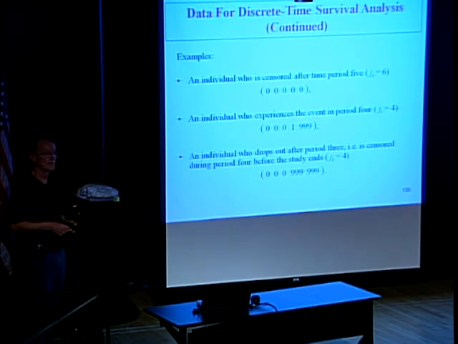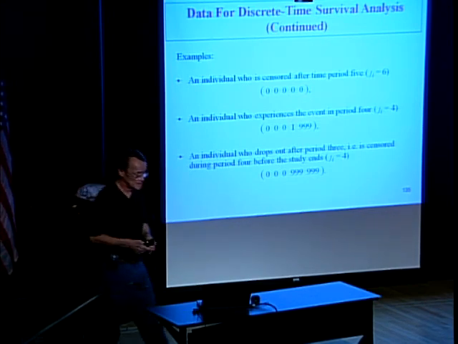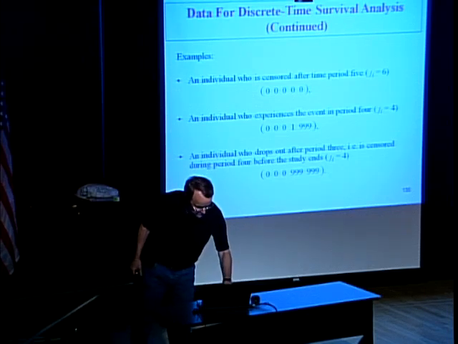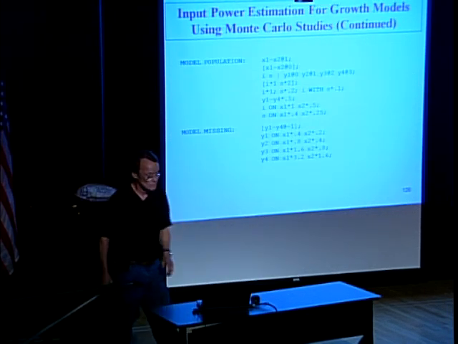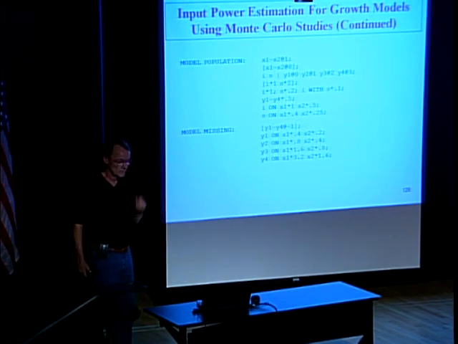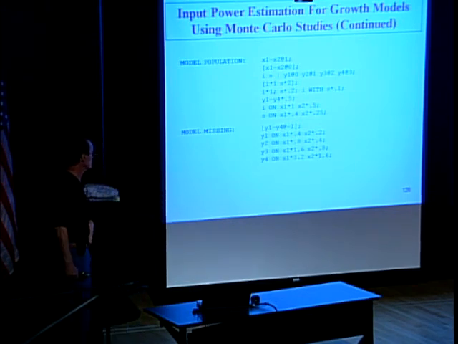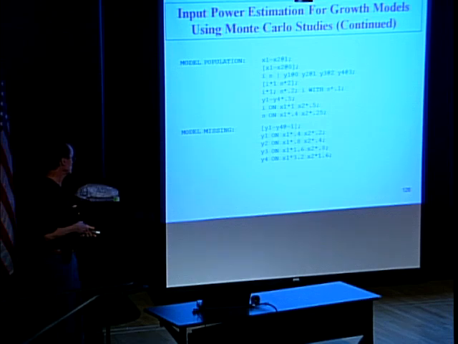Yes? Slide 126. Could you describe again under model missing the values after the x, so 0.4, 0.8, 1.6, 3.2? What are those?